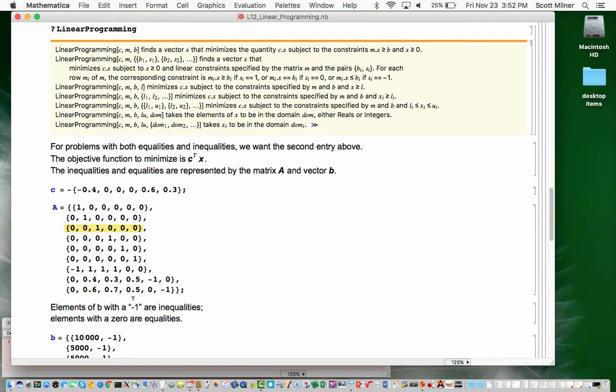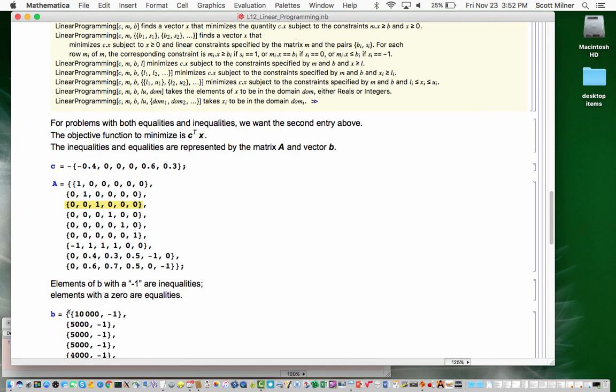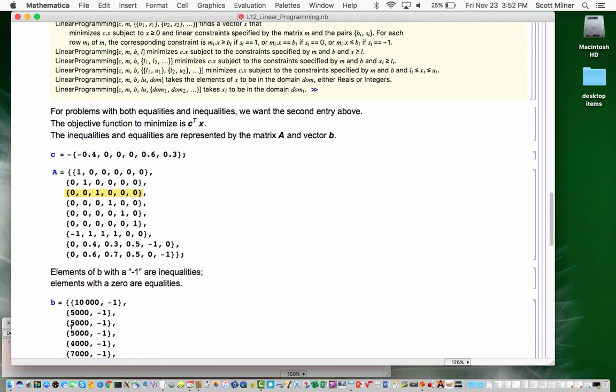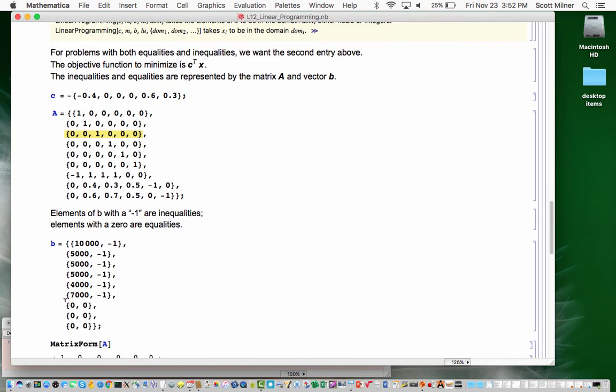The right-hand sides of those are the list here, B. So it's a list of pairs, and the first entry is the right-hand side of the inequality, and the second is a flag which tells you whether it's less than or greater than, or if it's 0, then an equality. So because this was f is less than 10,000, then this first pair is 10,000, comma, -1.